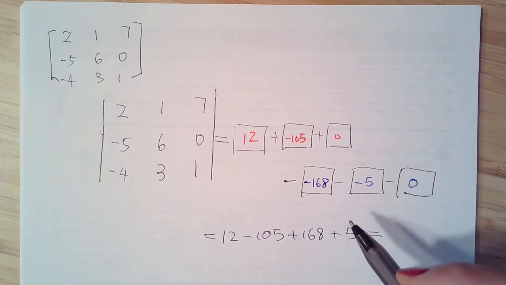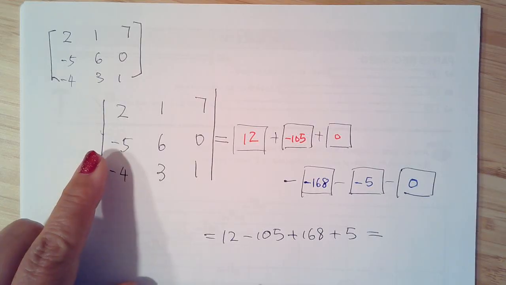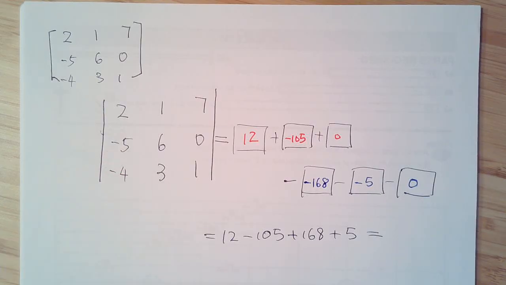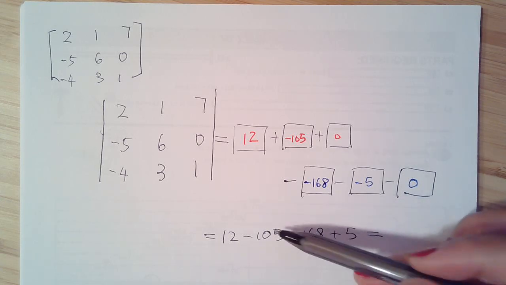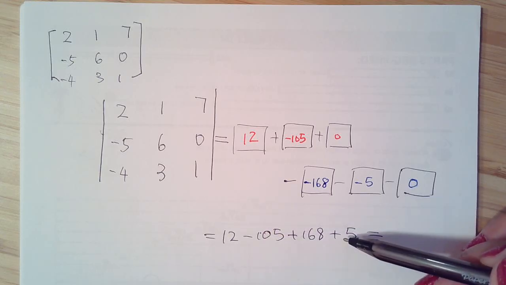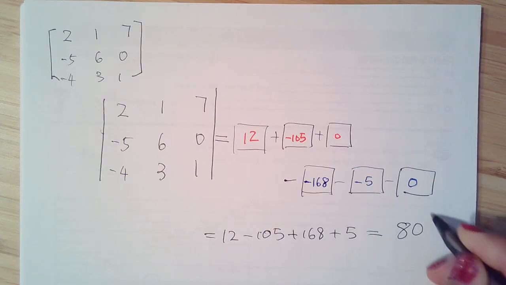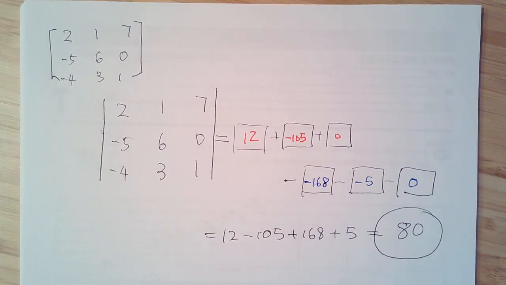Okay, so let me see. I get 80. Because -105 plus 5 is -100. And here will be 168 plus that. So my answer is 80. That's my final answer. That's the determinant of this 3x3 matrix.